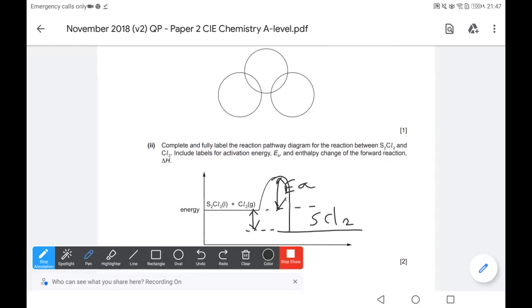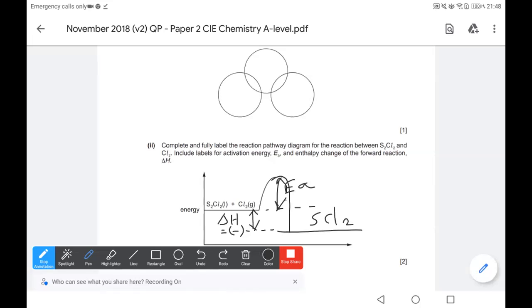It is delta H, and here it's an exothermic reaction, so delta H is negative. This is exothermic. Enthalpy cannot be changed by anything. It's a constant, always.